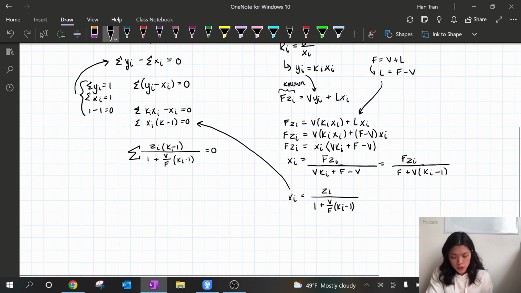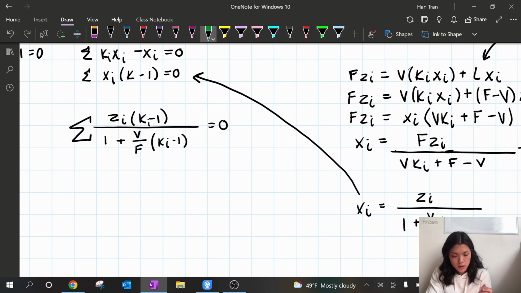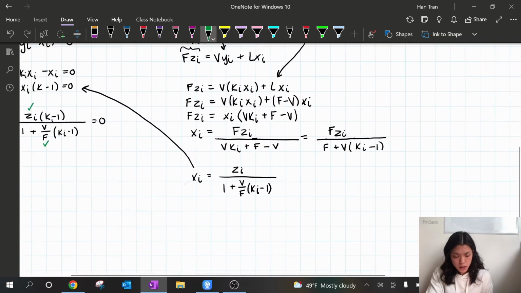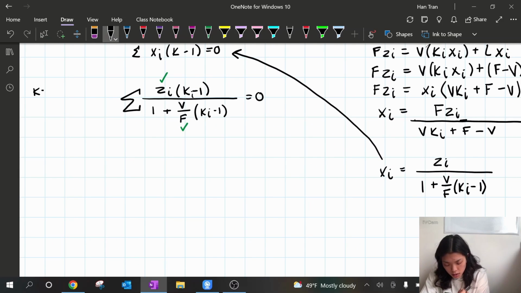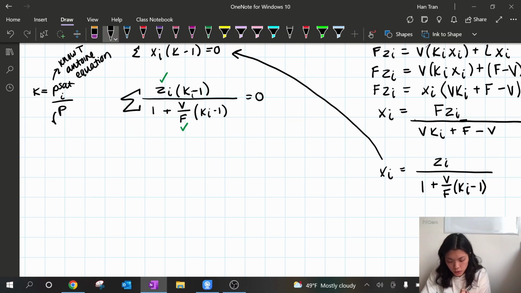So we know the feed mole fraction, we know the feed, and we know the ratio because the ratio is the saturated vapor pressure over the total pressure, and we can find the saturated vapor pressure because we know the temperature, so that's just Antoine's equation, and we are given the pressure, and so we know the ratios as well.